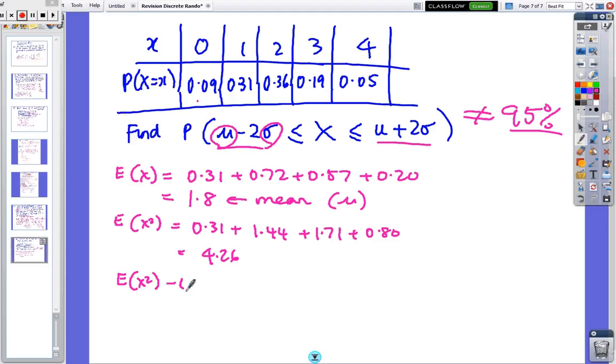And so E(X squared) minus E(X) all squared is 4.26 minus 1.8 squared. Now I need my calculator for that.